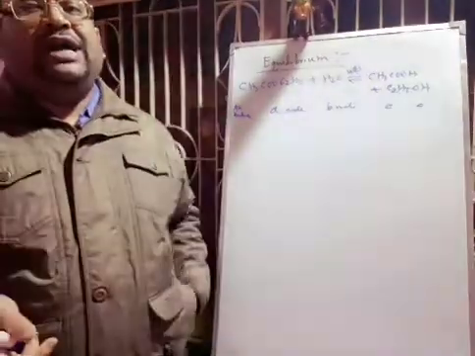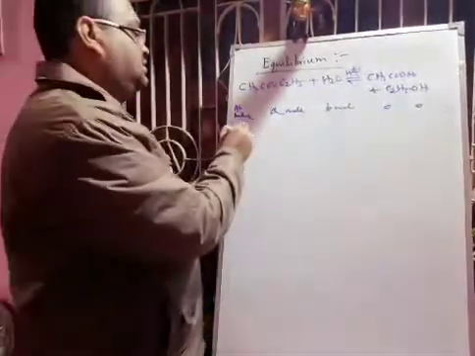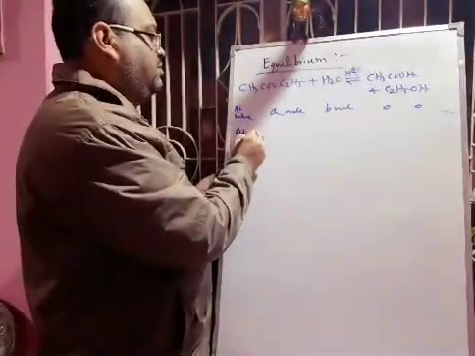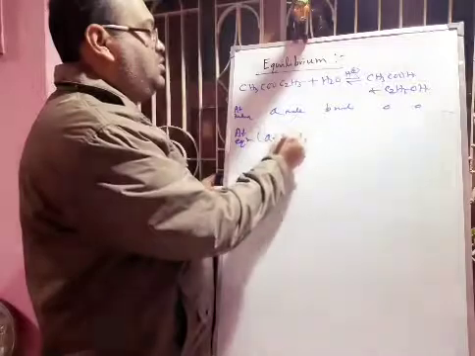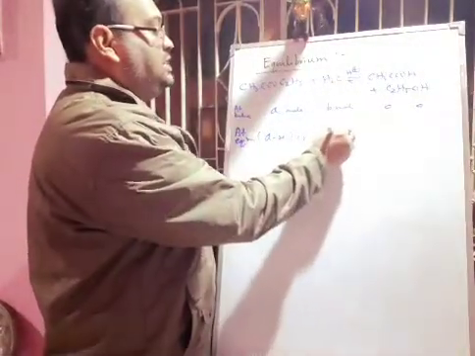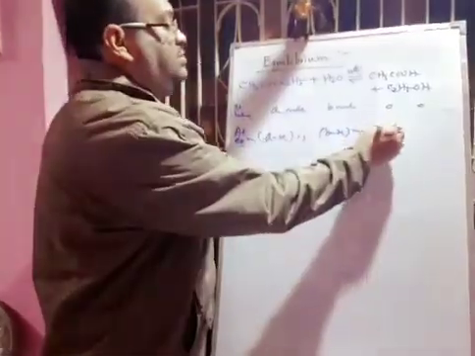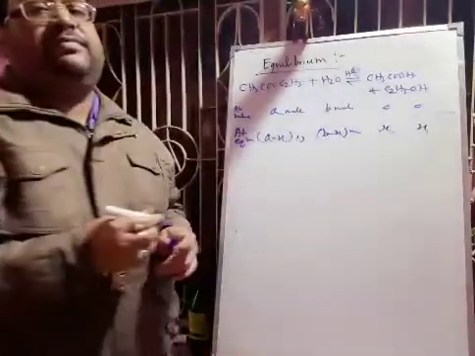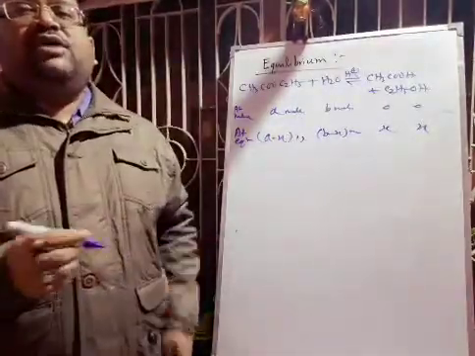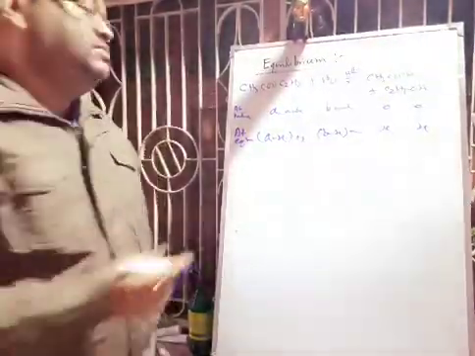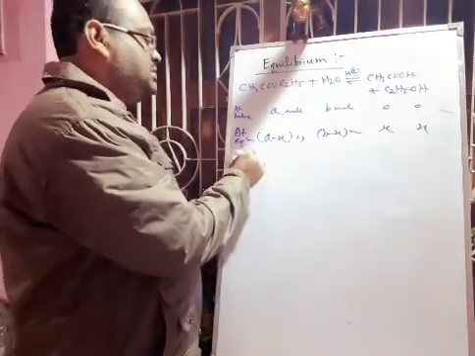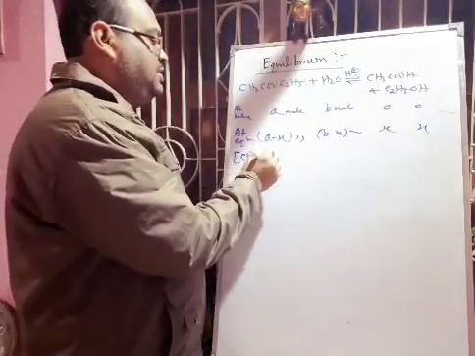So at equilibrium, we have A minus x mole, B minus x mole, x mole and x mole.